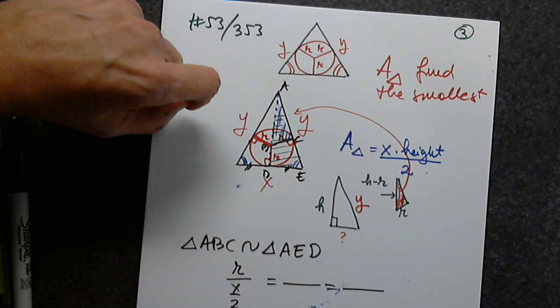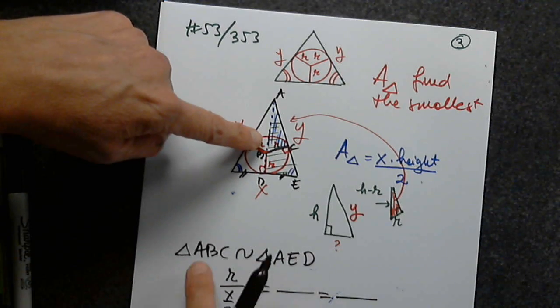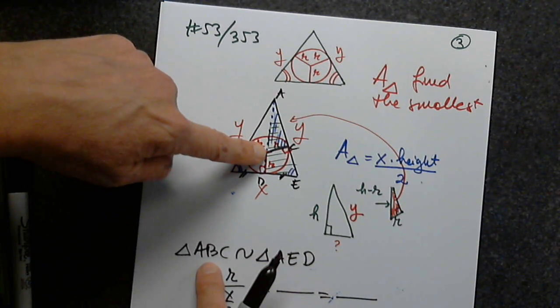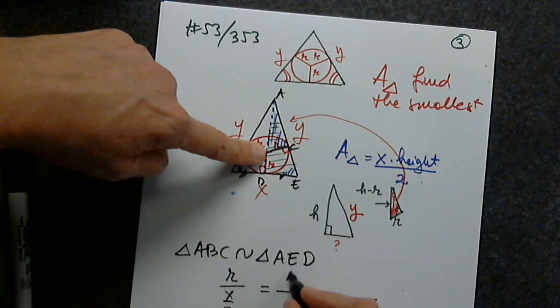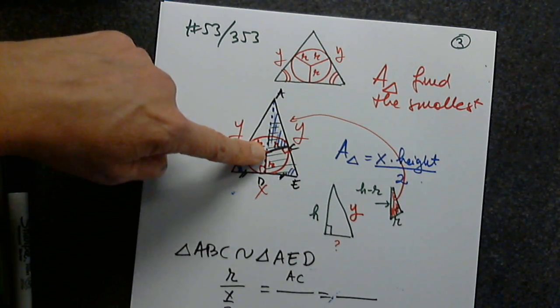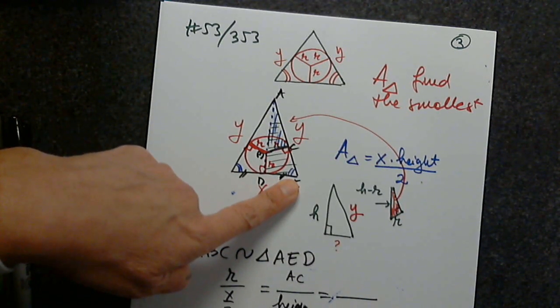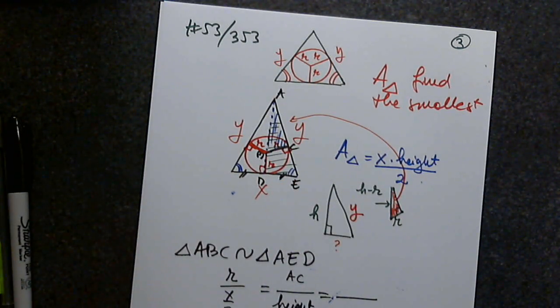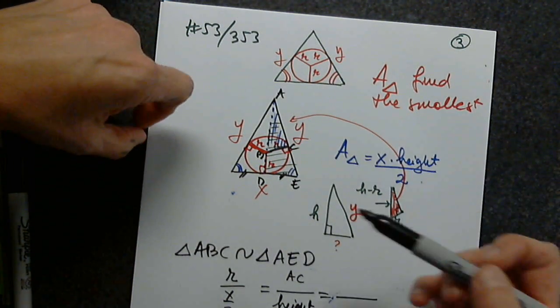I move on now to the next angle. Let's say B. Angle B has this. I have no idea. I'm going to write AC. And angle E has the opposite, which is the height. Then, what else do I have?